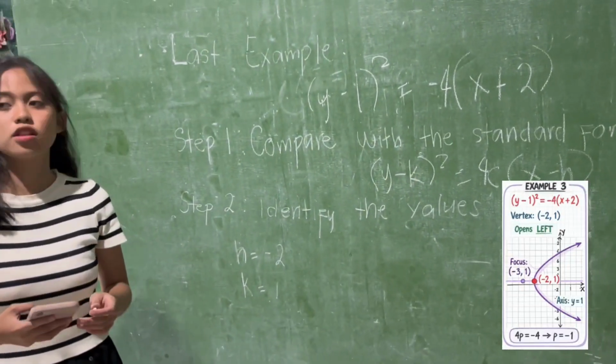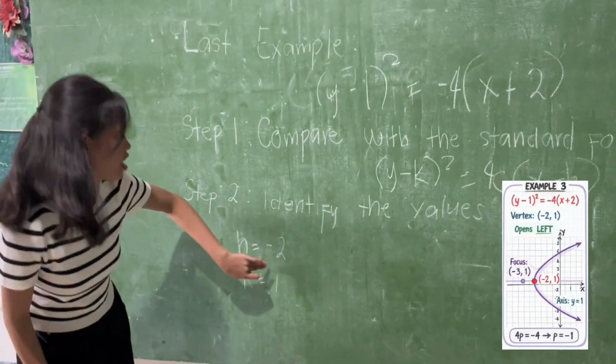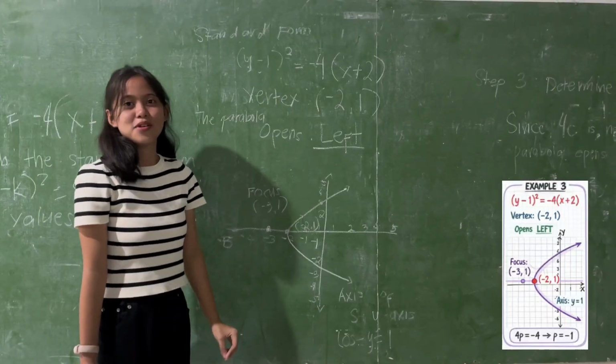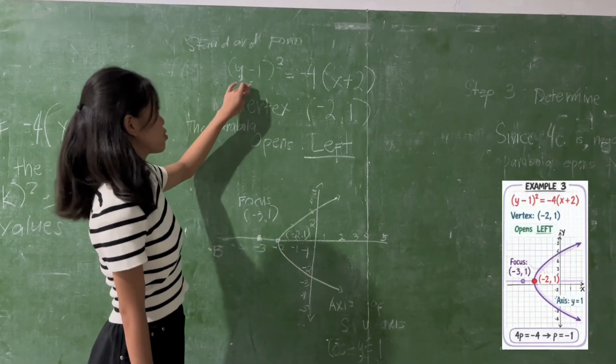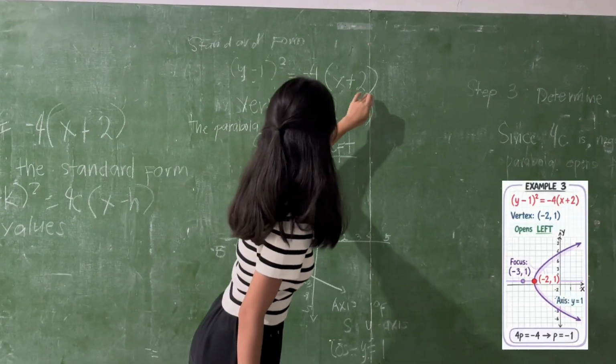Step 2. Identify the values. So the values for h is negative 2 and for k is positive 1. So our standard form is (y minus 1) squared equals negative 4(x plus 2).